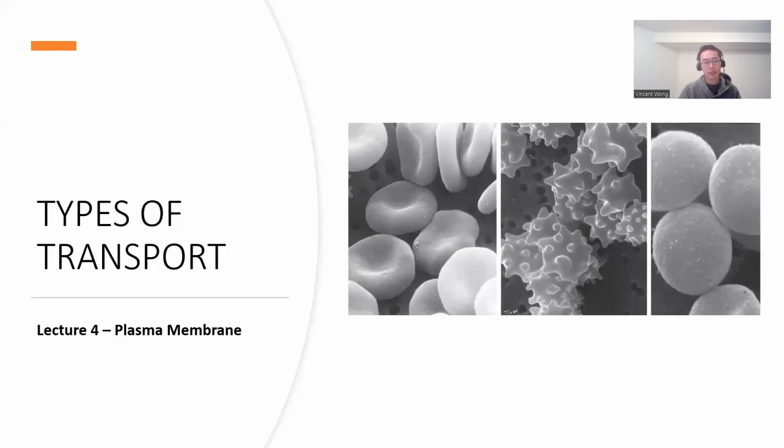One of the 6 functions of membrane protein is the fact that they participate in transport. They're able to help move things across the cell membrane in some cases. And that's what today's lesson is going to be about, the types of transport.